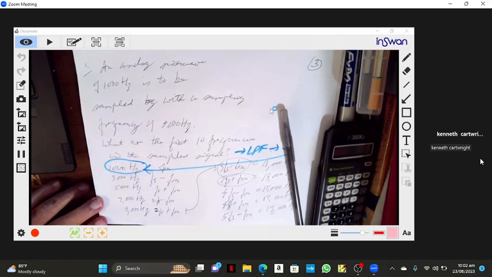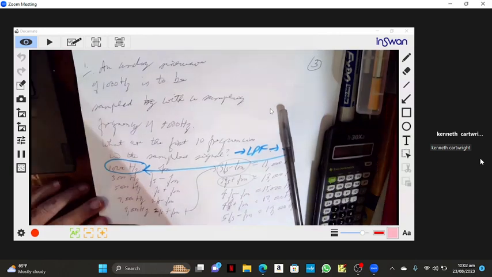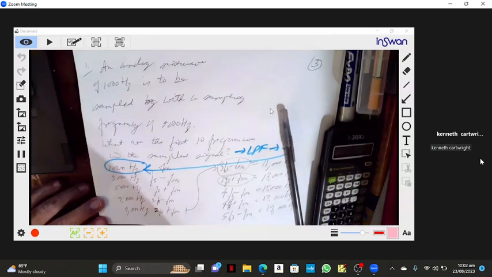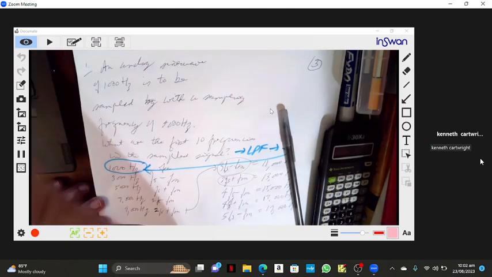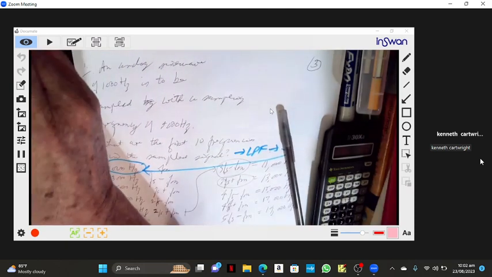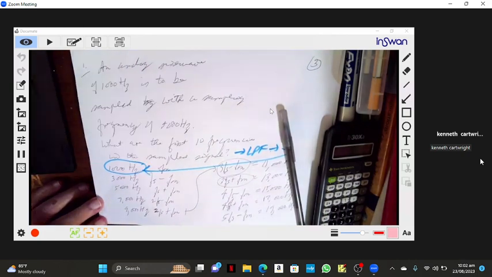All right, so we know what a digital signal is. A digital signal has only specific times and only specific Y values. So what do we need to do to an analog signal to make it digital?